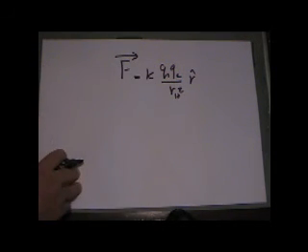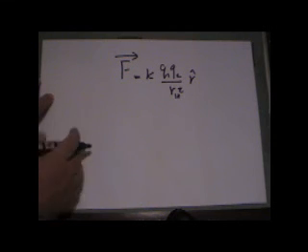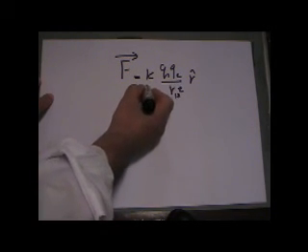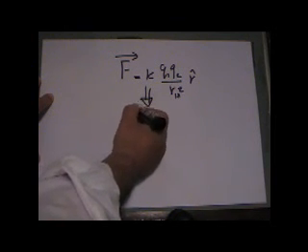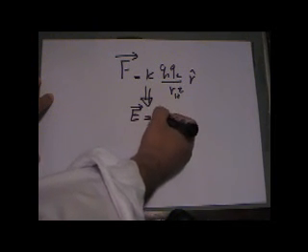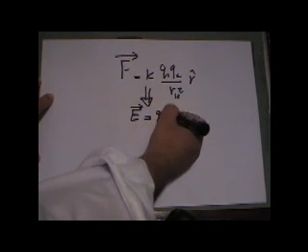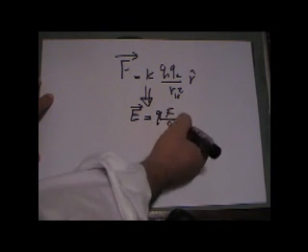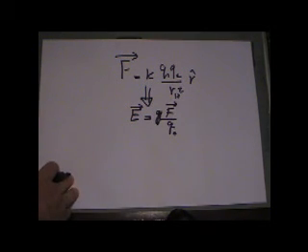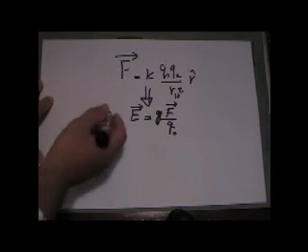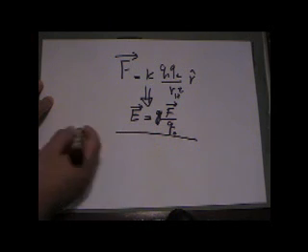We've done this quite a bit, and from here we got the electric field, the more important one, which is simply F divided by Q naught. Q naught is a test charge that is positive and very small.